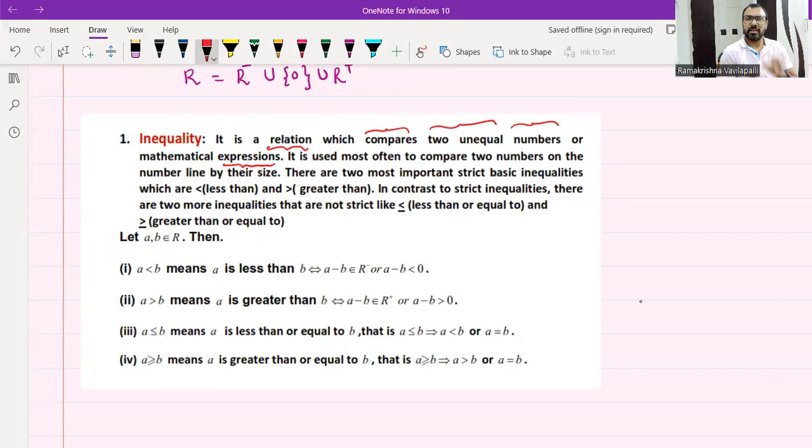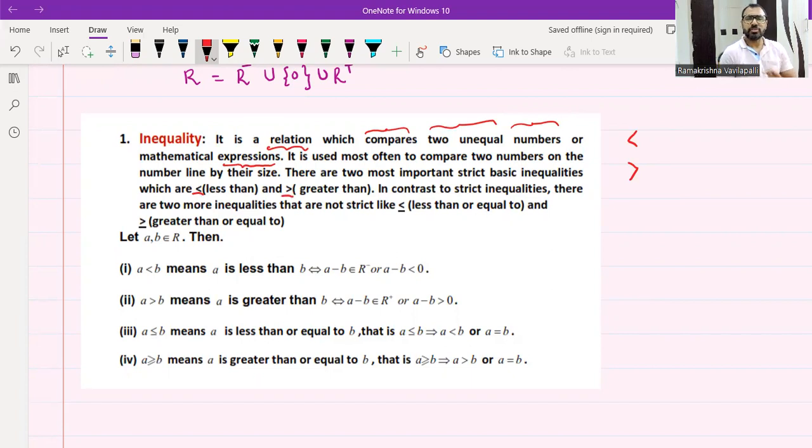Here there are two basic strict inequalities: one is less than, and another one is greater than.